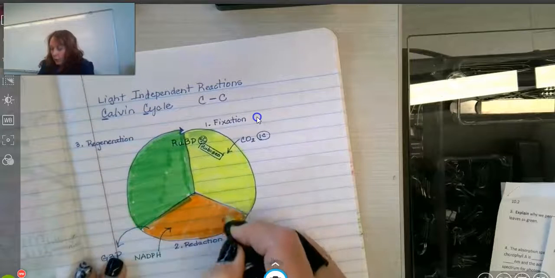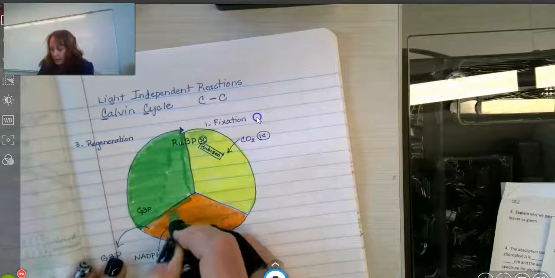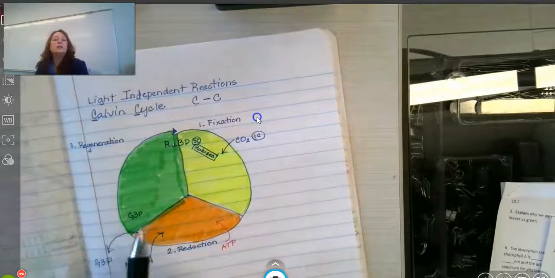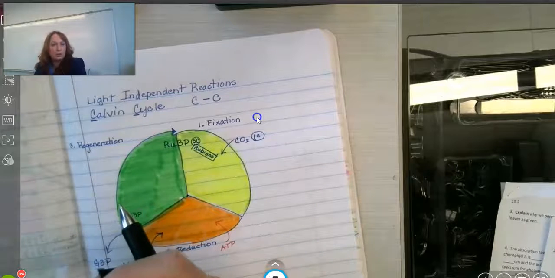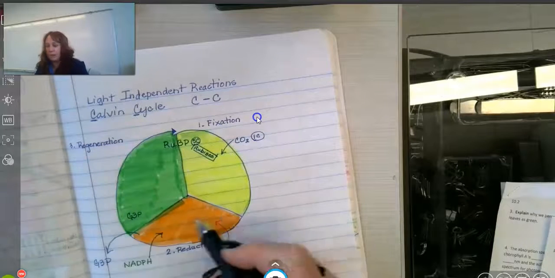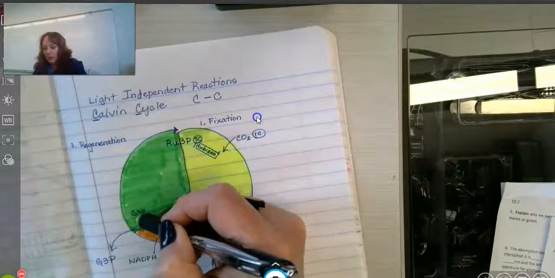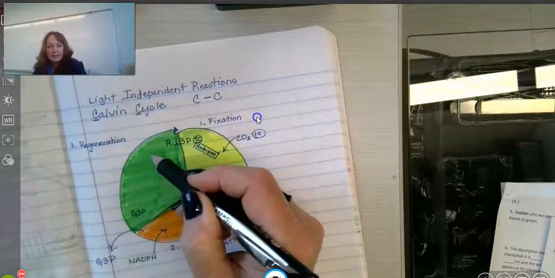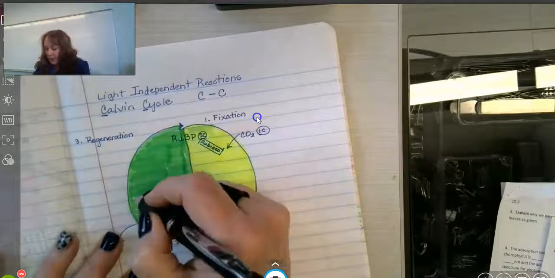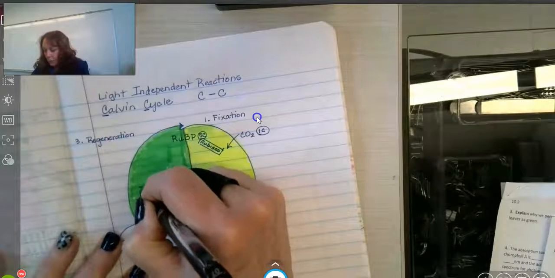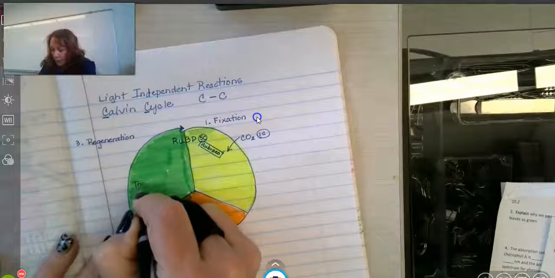So the remaining G3P that you, like, if you're doing something and somebody says, hey, can I have some? If you have 6 of something and you give them 1, okay, you gave them something. So you give 1 out to be used. The other ones stay in this cycle, and G3P, glyceraldehyde 3-phosphate, is going to go through a conformational change to something called triose.